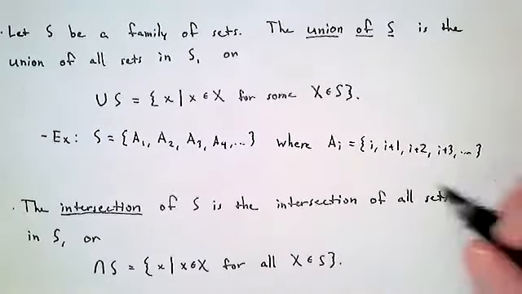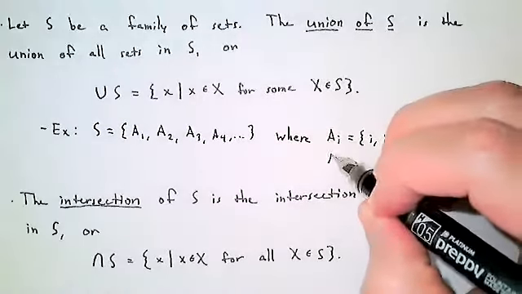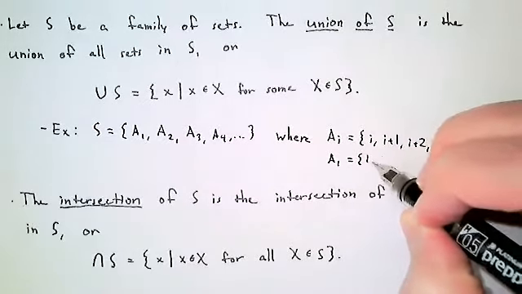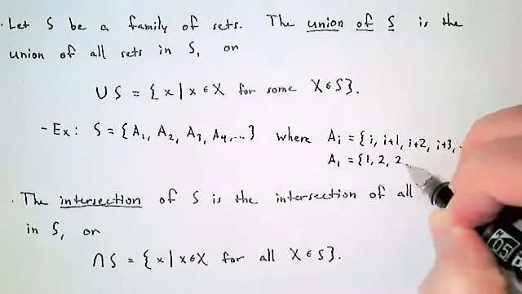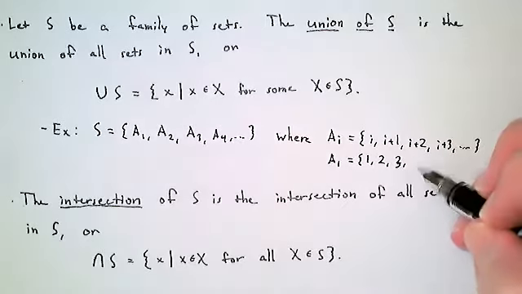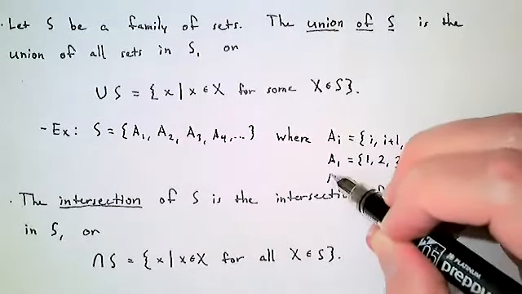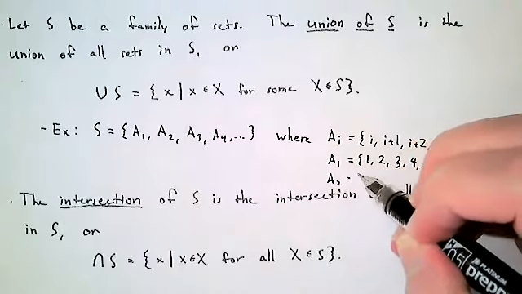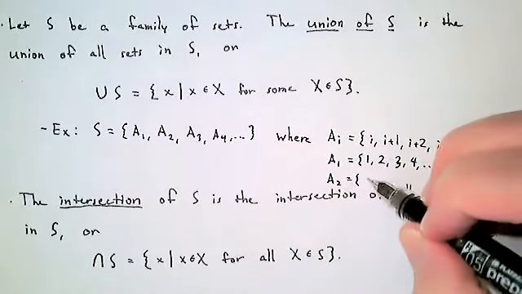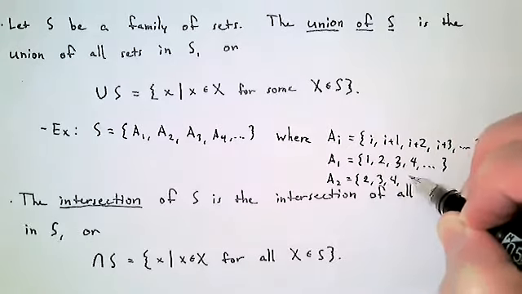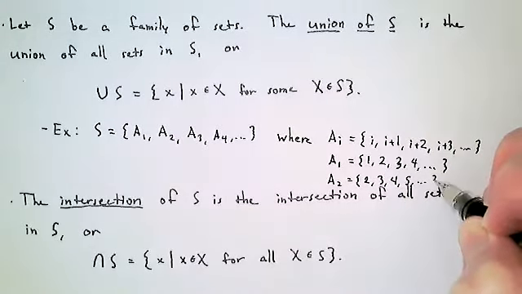And that's still a little abstract. So let's just think, what's A1? Well, that'll be 1, 2, 3, 4, and so on. And then A2, we'll start at 2, and then count up. So 2, 3, 4, 5, and so on.